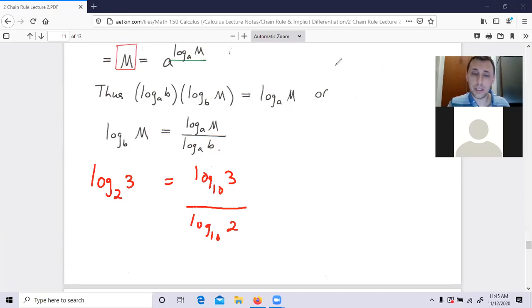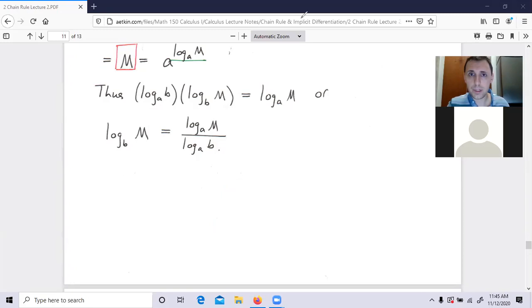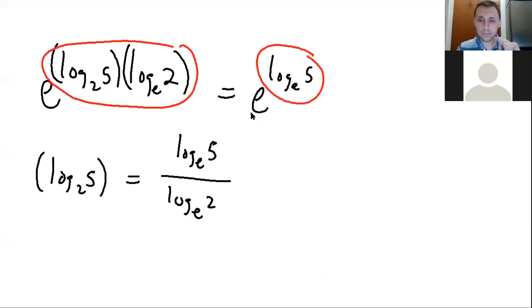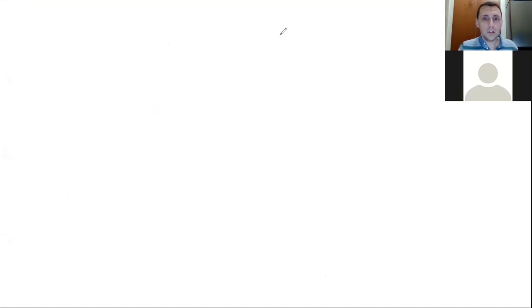Let's see if I can give you a quick comprehension check. Tell me, please, what is log base 3 of 5 in terms of log base e?